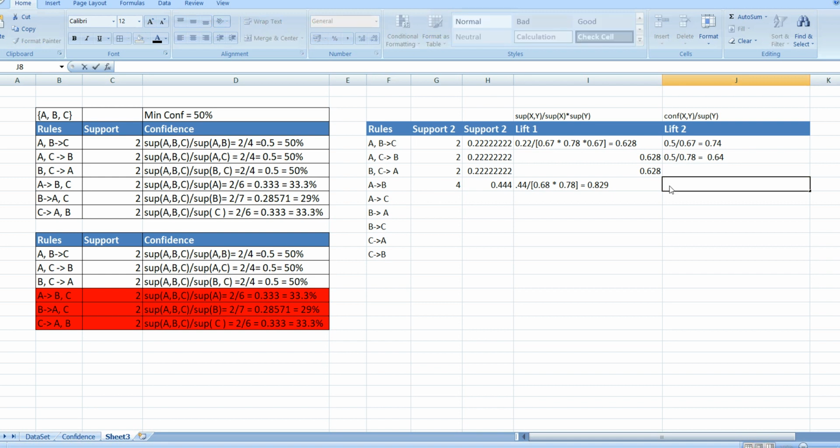So we take 0.44 as the support, and then we divide that by the support of the left side.